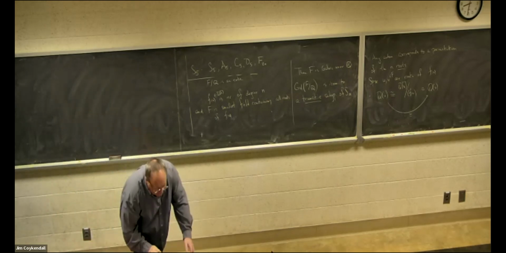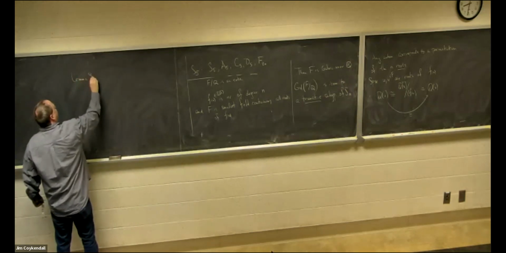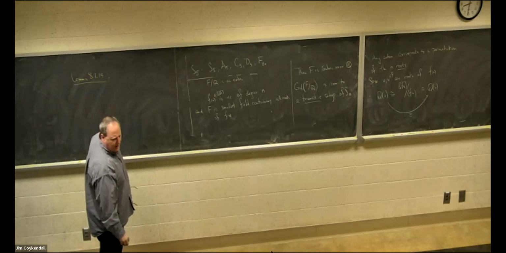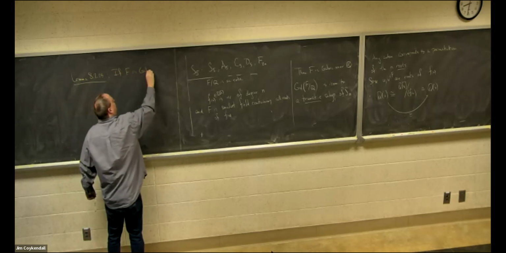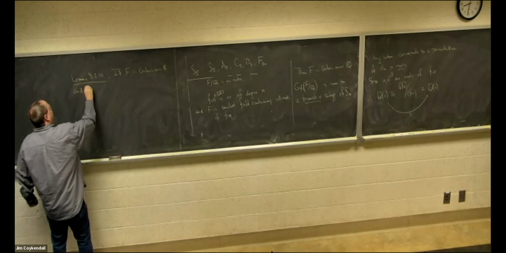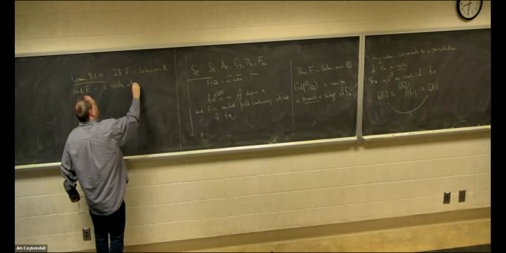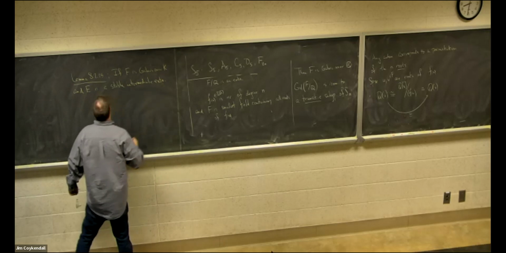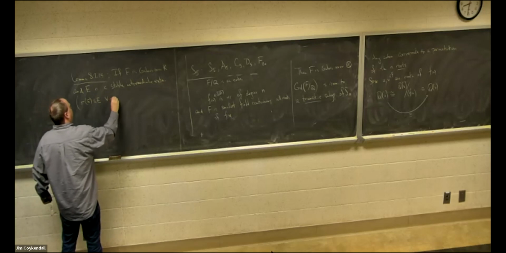So, Lemma 8.2.15. If F is Galois over K, and E is a stable intermediate extension, and recall that this means that sigma of E is contained in E for all sigma in the Galois group.